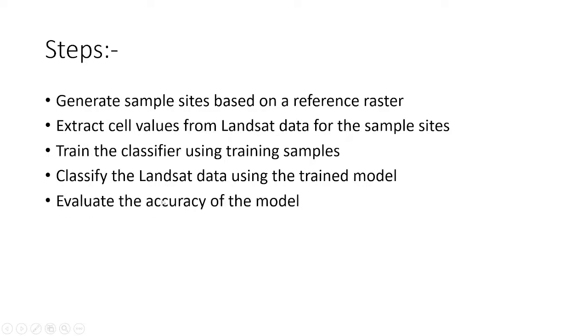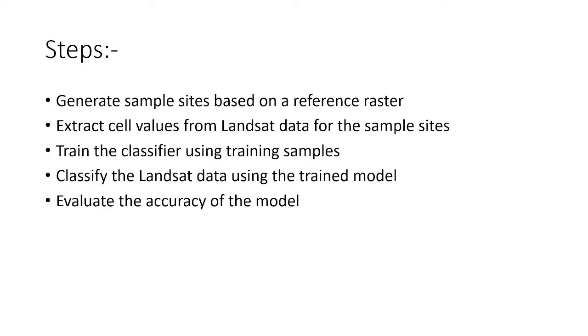After that, evaluate the accuracy of the model, what is the accuracy of your land use land cover model, we also need to check that. So this is the step when you want to make land use land cover classification using supervised machine learning. First generate the sample based on the reference raster, extract the cell values from the Landsat data for the sample sites, train the classifier using the training sample, classify the Landsat data using the trained model, and then evaluate the accuracy of the model.